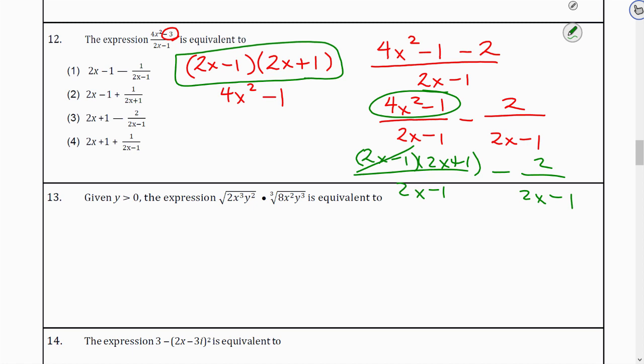This will cancel with this, and I'm left with 2x plus 1 minus 2 over (2x minus 1), which would be, yeah, that one.